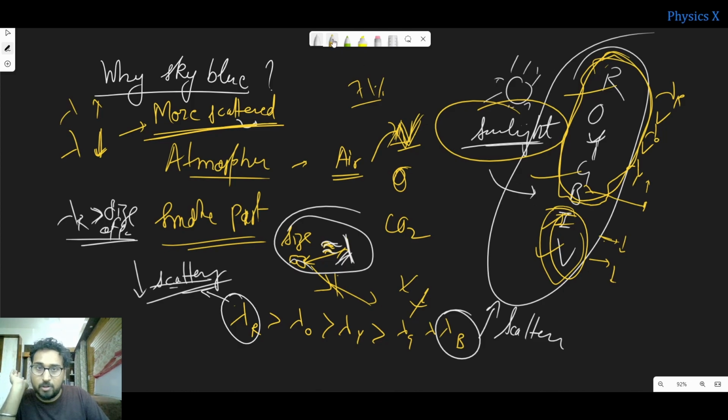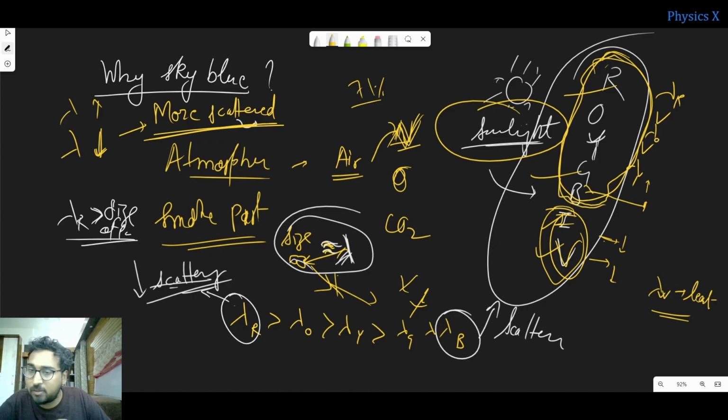Technically, I told you earlier that the wavelength of violet is the least, so we must see the sky as violet only. But that is not the case, because violet intensity is very less in this sunlight. Up to green and blue is the major part.